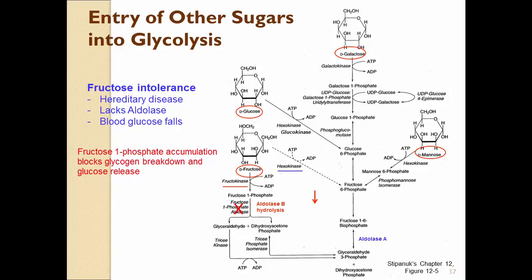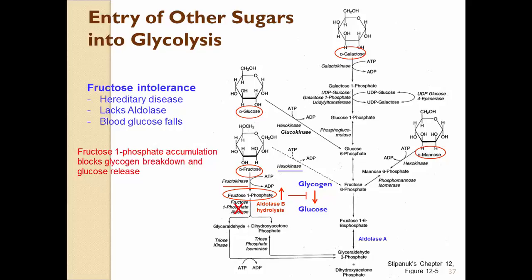And then it is accumulated. So fructose 1-phosphate is a strong inhibitor of glycogen breakdown, right? So because of lack of this enzyme, you have fructose 1-phosphate accumulated, and this will strongly inhibit the glycogen breakdown and the release of glucose.